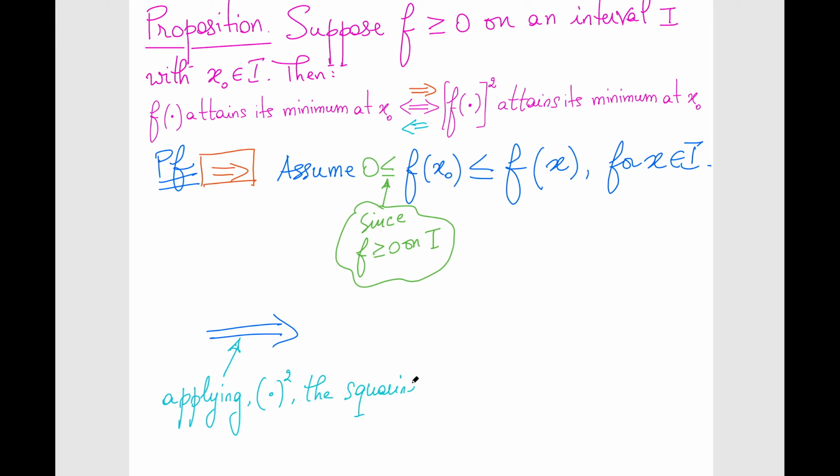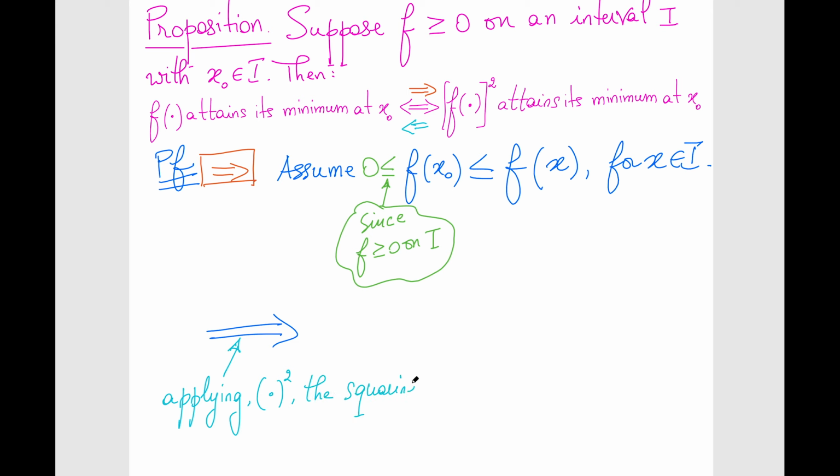As we said, the squaring function is increasing on 0 plus infinity, so a smaller value corresponds to a smaller output, right?